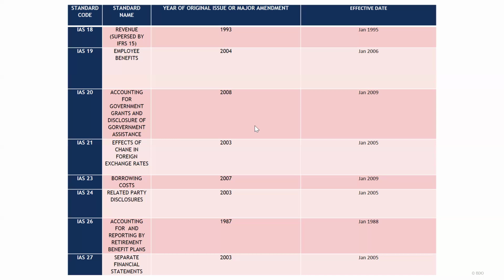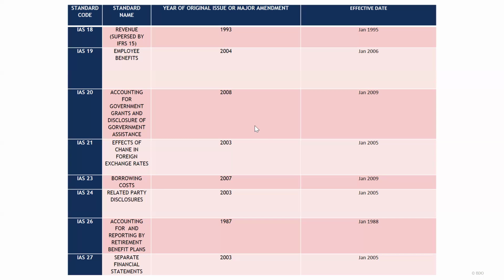IAS 24 deals with the related party disclosures and was issued in 2003 with an effective date of January 2005. An entity needs to disclose related party balances, related party transactions, and what kind of relationship they have with the related parties. IAS 26 deals with accounting and reporting by retirement benefit plans.